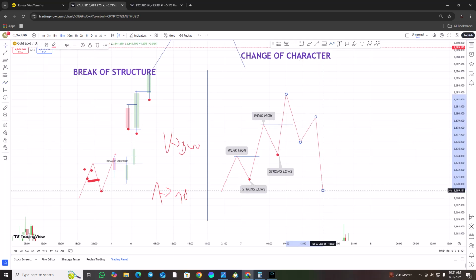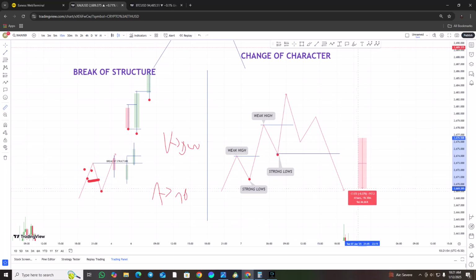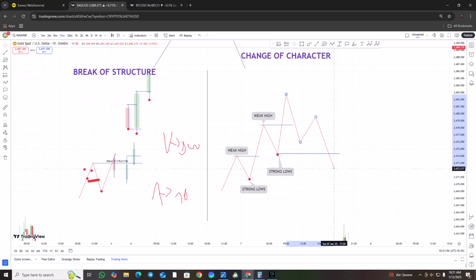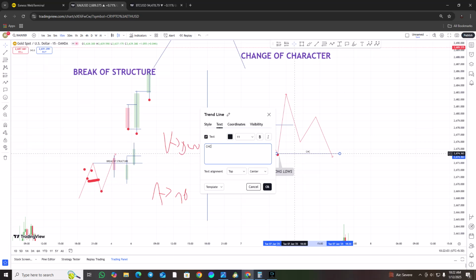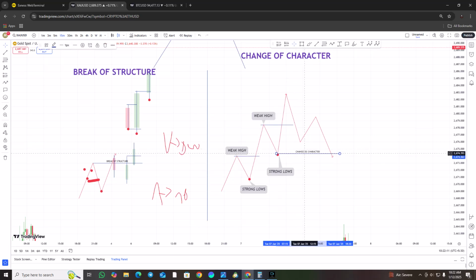Can you see the strong lows which are created over here? One of the strong lows has been swept over here, which leads to change of character. It's called change of character.